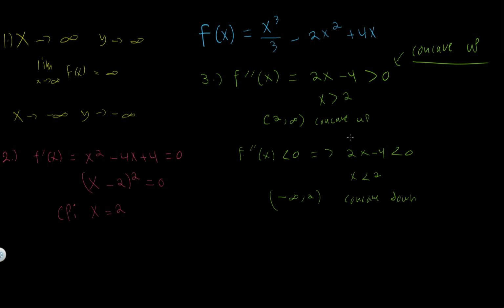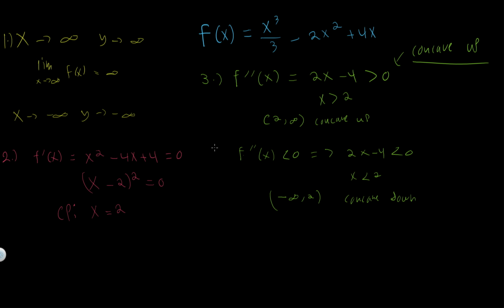Now, how do we figure out whether this point, which is 2, is a relative minimum or maximum? Well, we can think of what happens as we plug in a value that is slightly larger than 2.